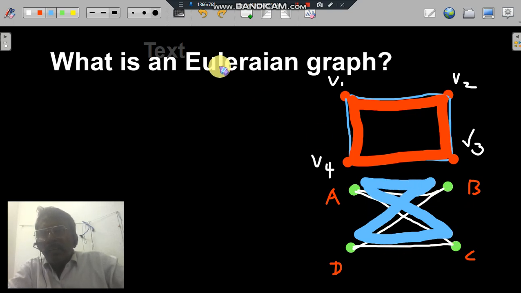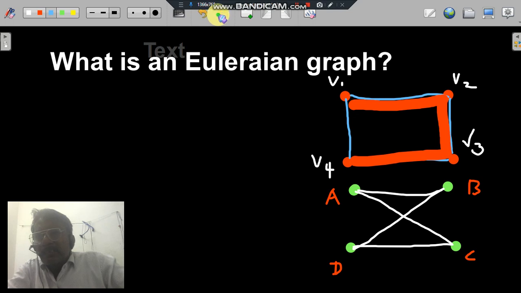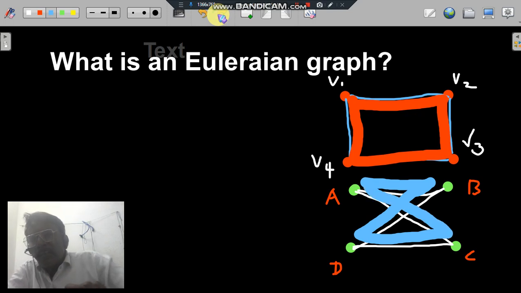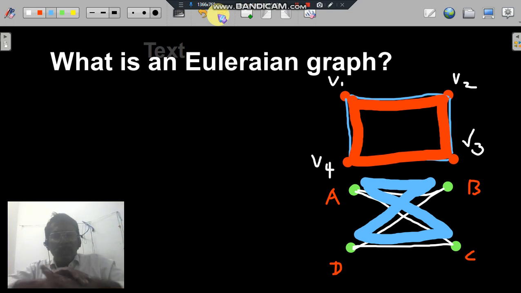Look at that again. A to B one time, B to D, the edge comes only one time. D to C edge comes only one time, and C to A edge comes only one time.